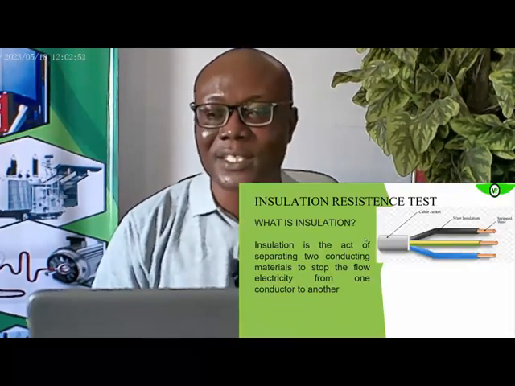Basically, it is done to guide the flow of electricity through a predetermined path, that is through the conductor only, and through a particular conductor within the system. Okay. So, what you can see, this is a conductor, and this is the only active part in this cable. This is the part that carries the current.